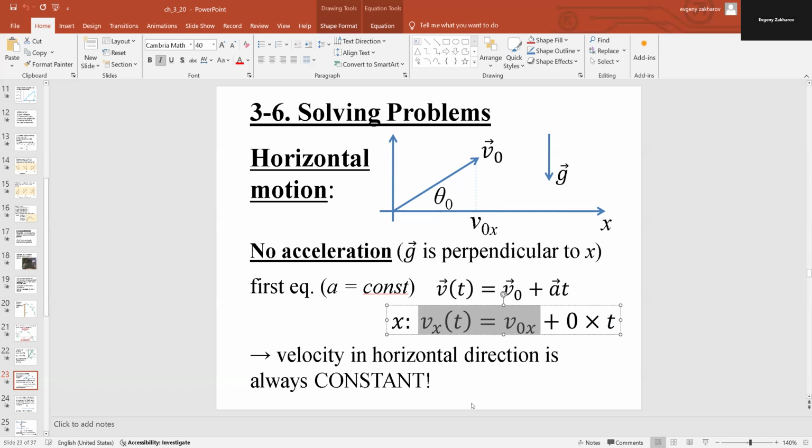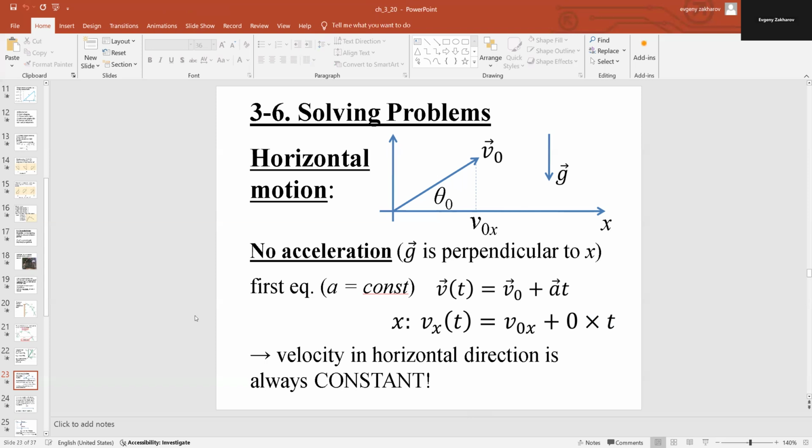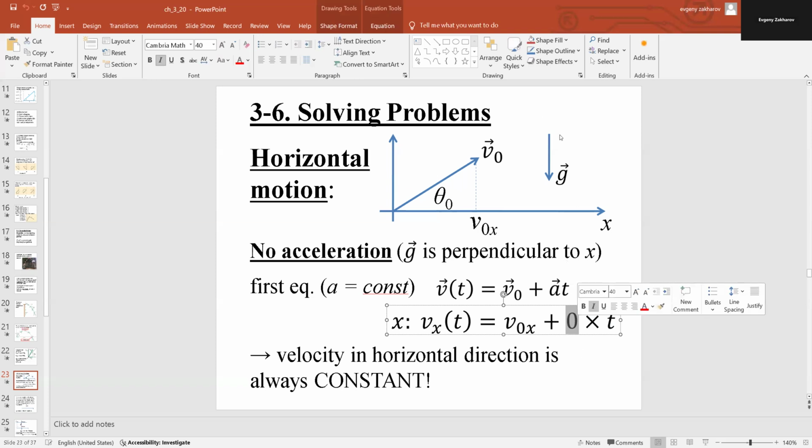No change for horizontal component of the velocity vector. Because there's a 0 change for velocity. Because the acceleration, which is the change, is perpendicular to that axis.